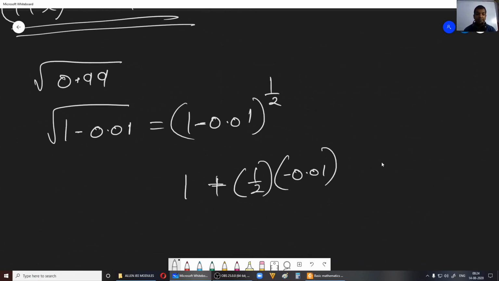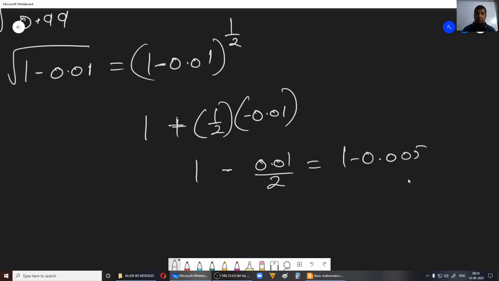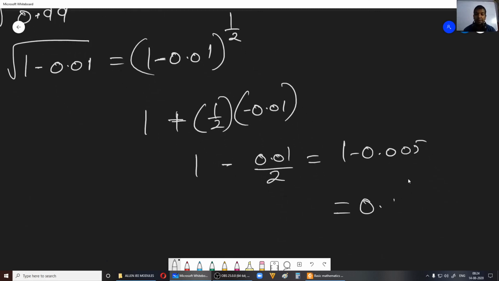So finally we are getting it as 1 minus 0.01 divided by 2, so that would be 1 minus 0.005. So you are getting this as 0.995. So you can say the square root of 0.99 is approximately equal to 0.995.